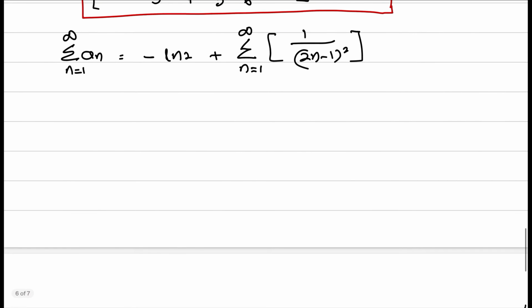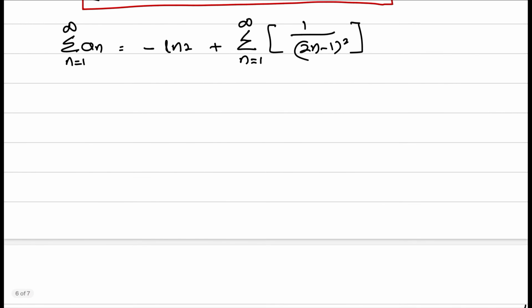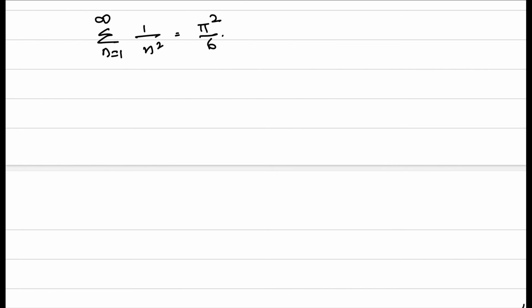In the last lecture, we have seen that sigma n equal to 1 to infinity 1 by n square is equal to pi square by 6. This is the standard value, which we have even used in the previous lecture.